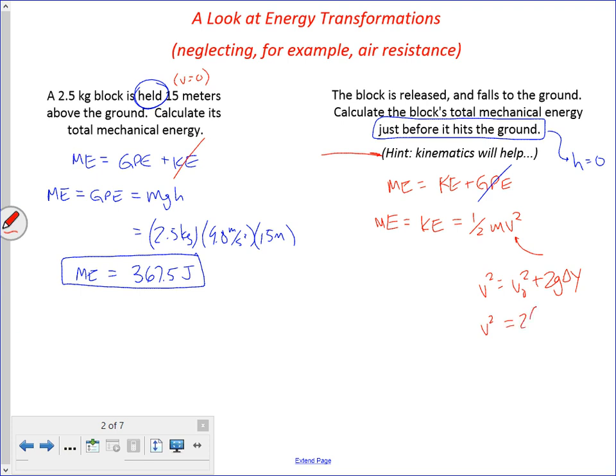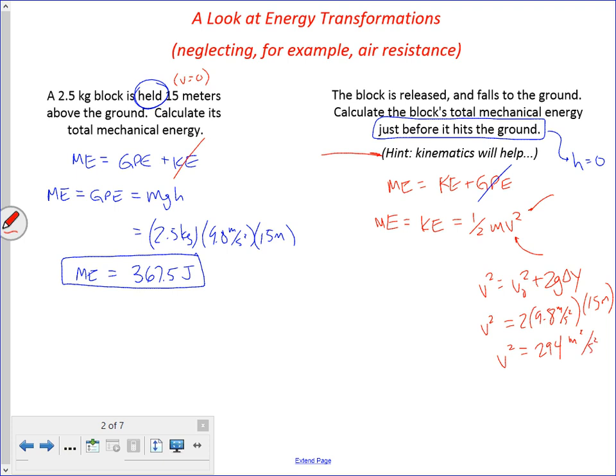So that's 2 times 9.8, really 9.8 downward, and also 15 meters downward. Those both have the same sign, so I'll leave them both positive. There's no real reason to find v and then square it again, so I'm just going to leave it as v squared: 294. And that's actually meters squared per second squared, because it's v squared.